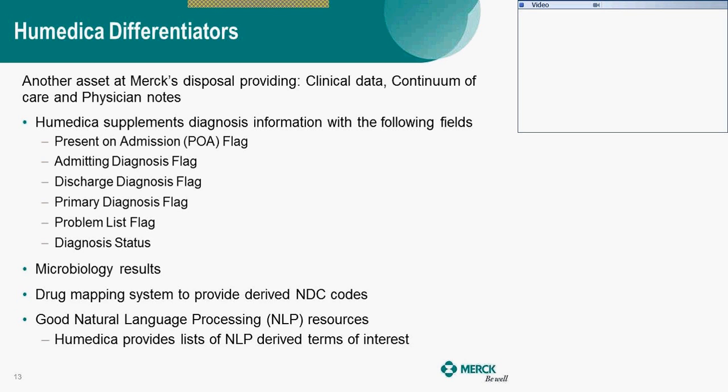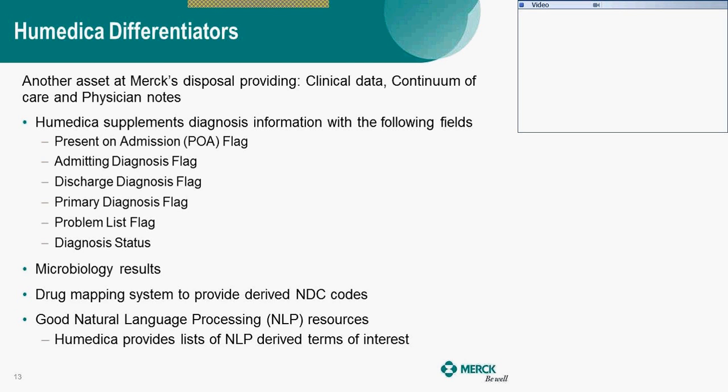For example, they created their own medical flags, such as the admission diagnosis flag and the discharge diagnosis flag. As I said earlier, these are not by default in the EMRs.